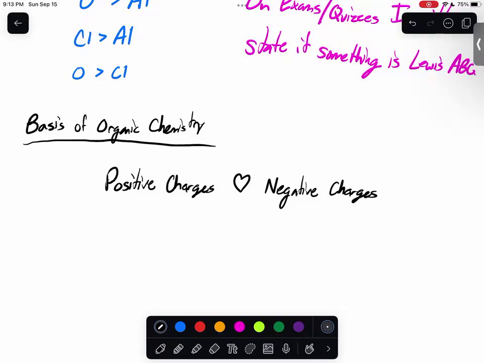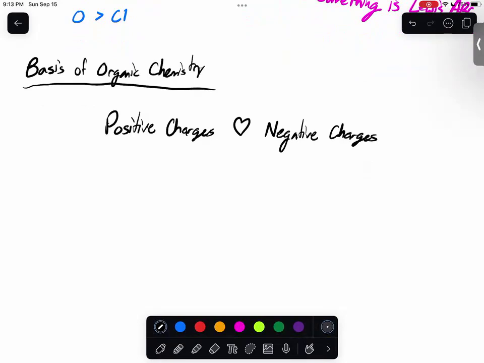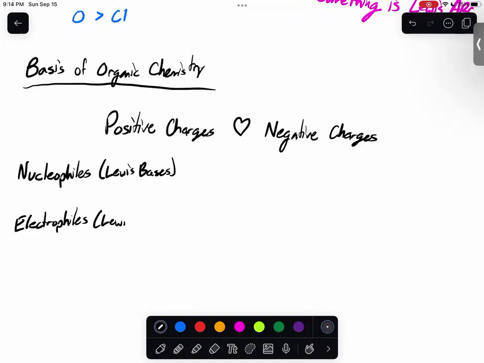And we've actually come up with a name for this idea in organic chemistry, and that is the idea of nucleophiles and electrophiles. Nucleophiles are just a fancy name for Lewis bases, right? Whereas electrophiles are a fancy name for Lewis acids.